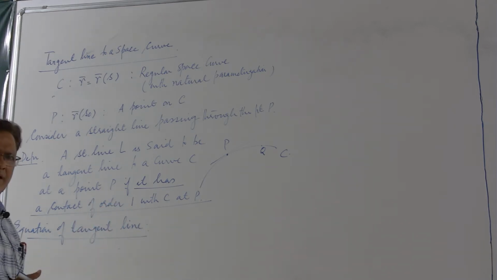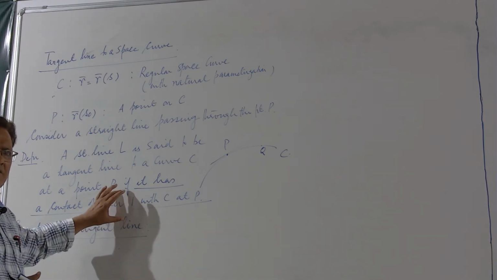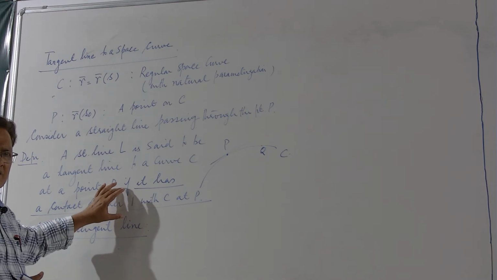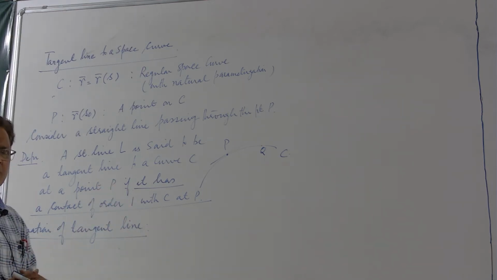What are we demanding by imposing this condition? What kind of line we want, so that it is a tangent line. This interpretation I am leaving for you. Whatever definition is given to you, you should interpret it geometrically in your mind, what actually we are looking for.